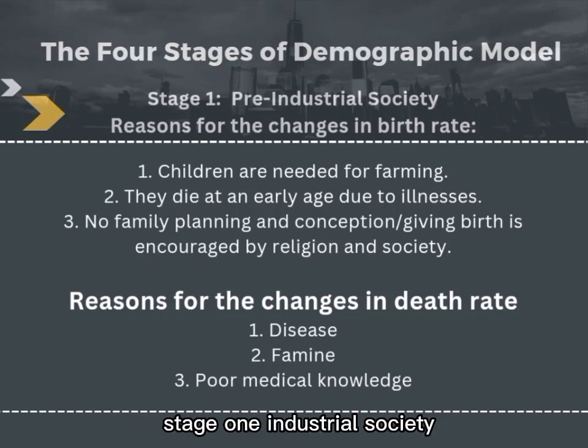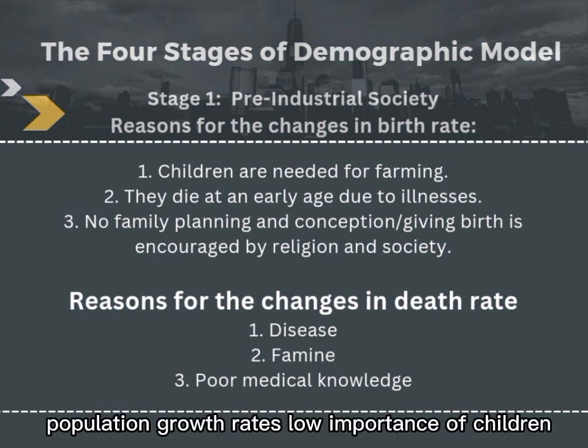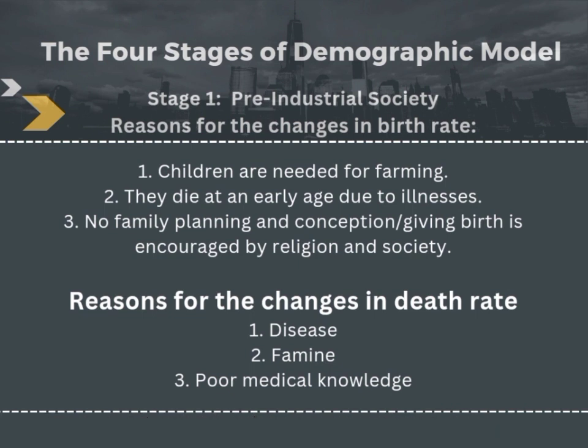Stage 1, pre-industrial society: high and unstable birth and death rates, slow population growth, importance of children, low life expectancy.